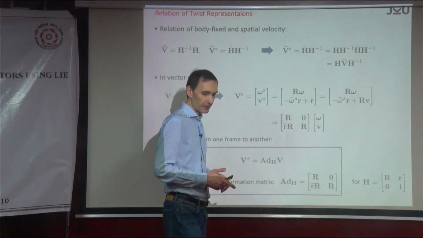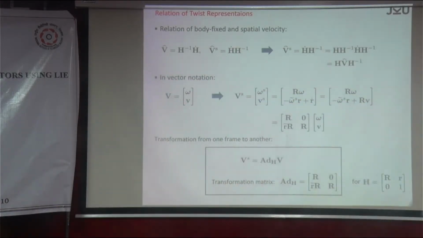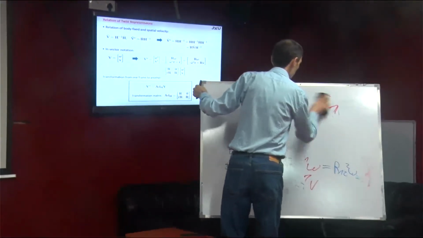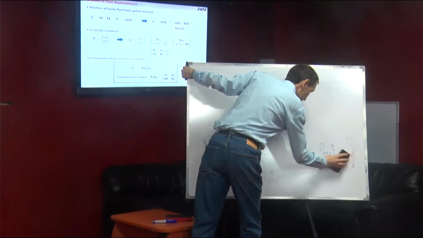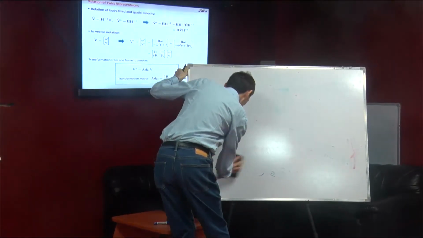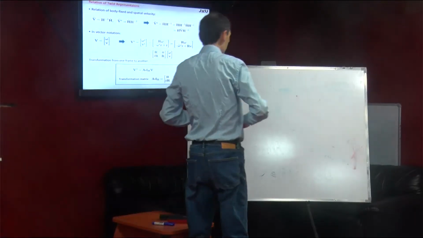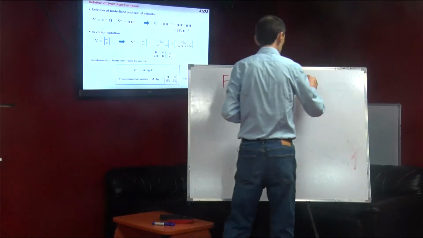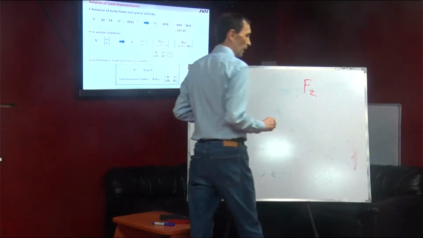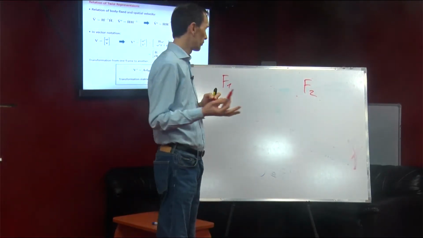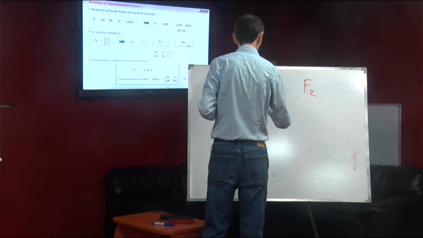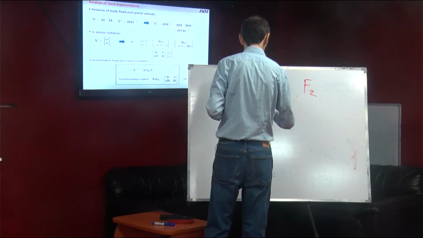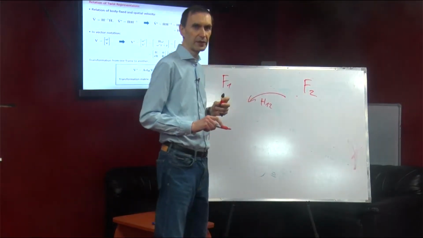This is maybe the last thing before we go to lunch, because this is important actually. We have two frames, and we have the pose of the two frames. And the transformation is from one to the other with the homogeneous transformation matrix. That's clear.